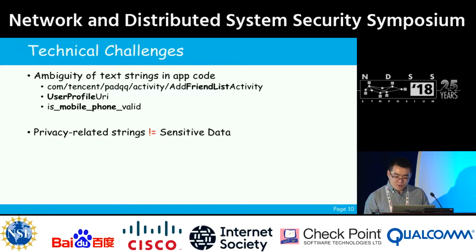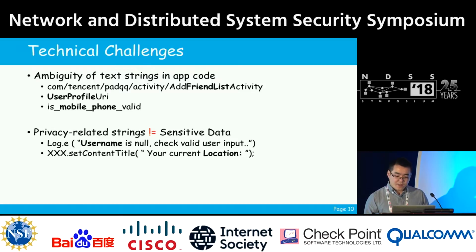Secondly, program elements that carry sensitive tokens may not carry sensitive content by themselves. For example, a log with an error message, or an API for setting string labels into its user interface, both of which do not carry sensitive content.